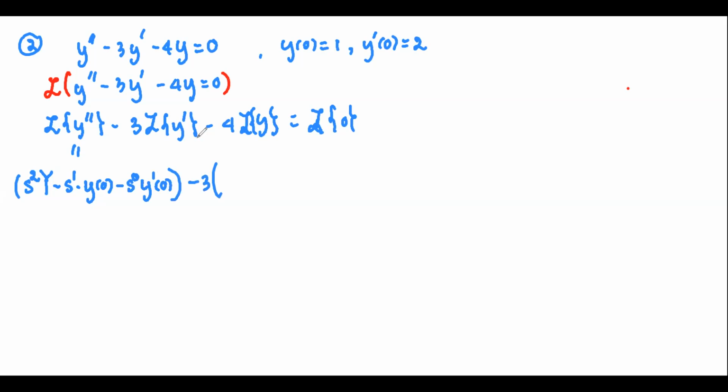Minus 3, and the first derivative becomes s to the first capital Y minus s to the 0, y at 0. You always use the lower order of the initial condition first, okay? And then the last one is just the capital Y.